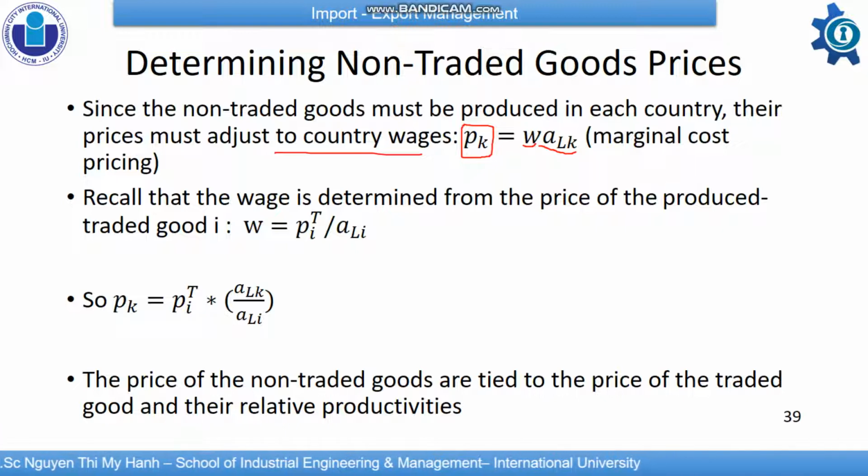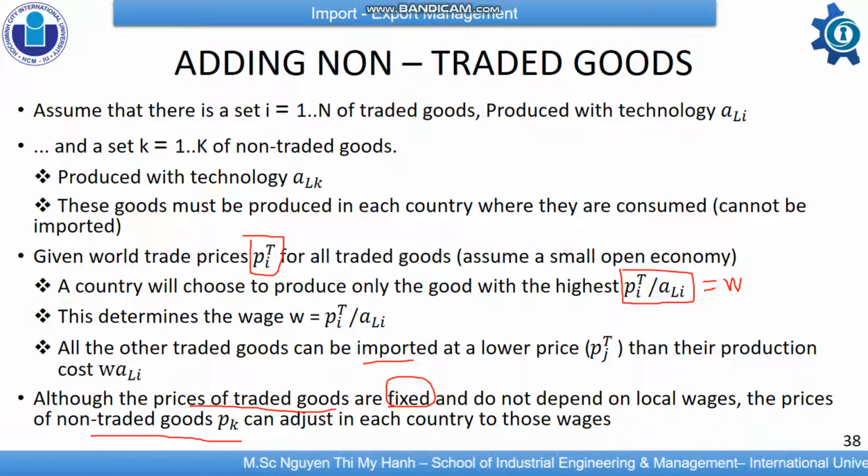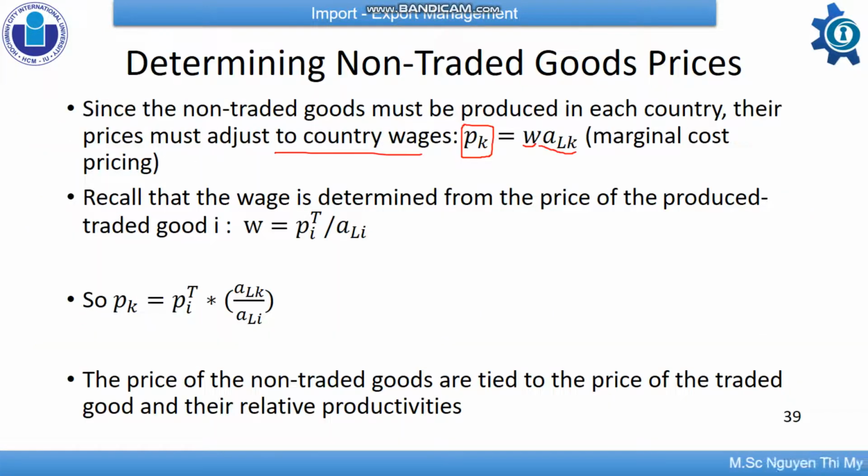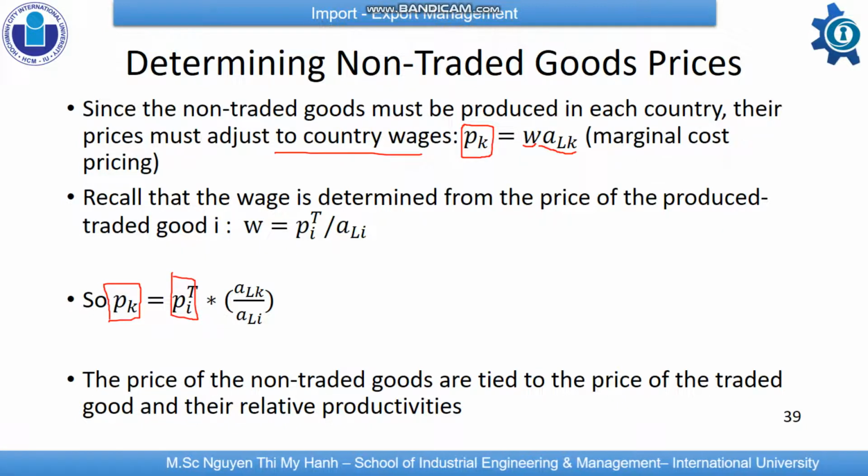And since in the last slide we calculated the wage based on the international traded price divided by the unit labor requirement for the traded goods, we have the price of the non-traded good equal to the price of traded goods times the relative unit labor requirement for non-traded good to traded goods.